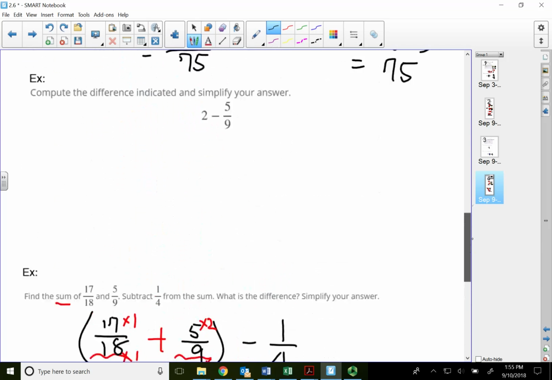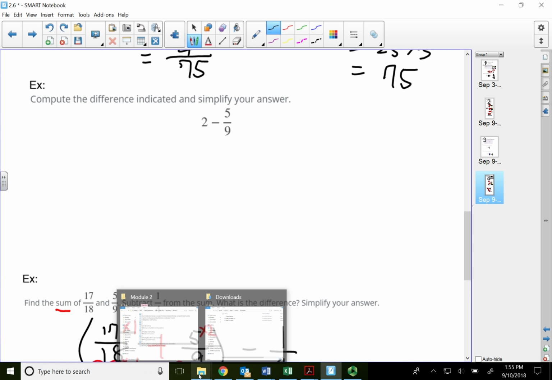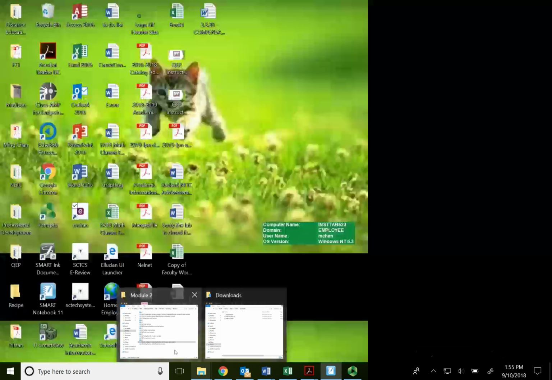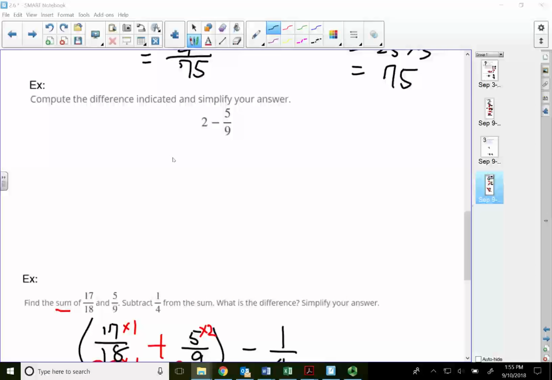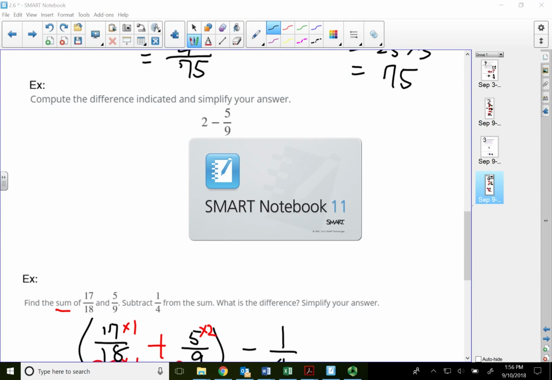Now, the reason why I want to leave this one at the very end is because this actually takes us back to the concept of mixed numbers. So recall when we first introduced mixed numbers back in 2.1. Let me see if I can pull it up real quick.